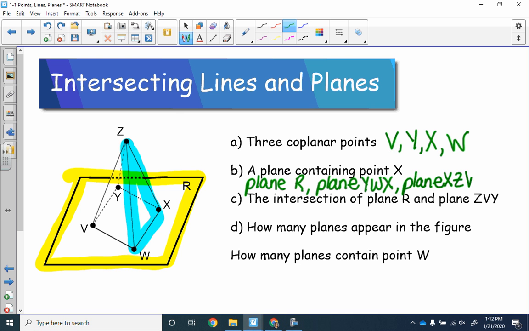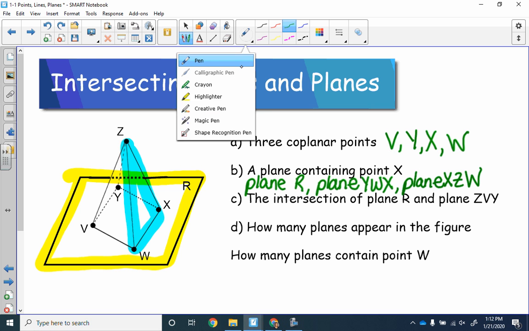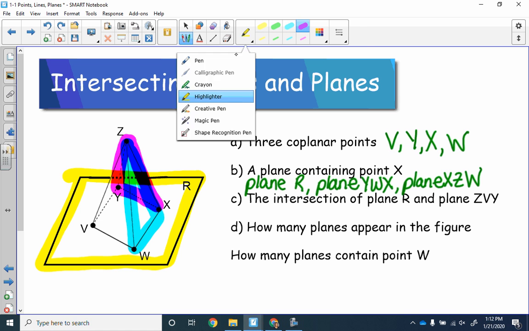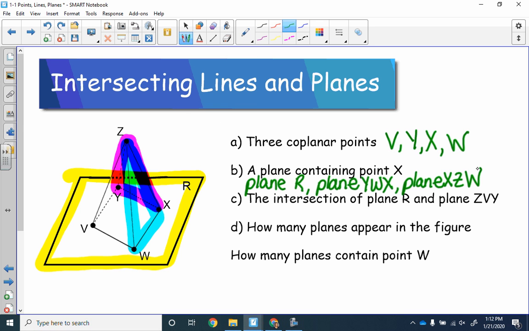X, Z, and W. Then there's also one more plane that contains point X, and that is ZYX. So I will write this out. Sorry, I'm running out of room. So plane YZX. Y, Z, and X.